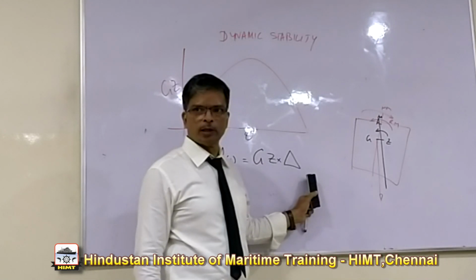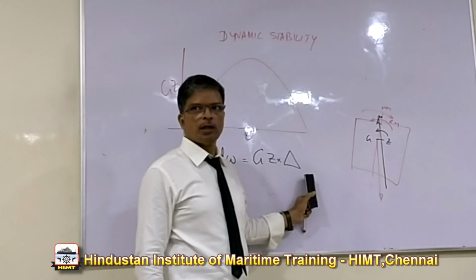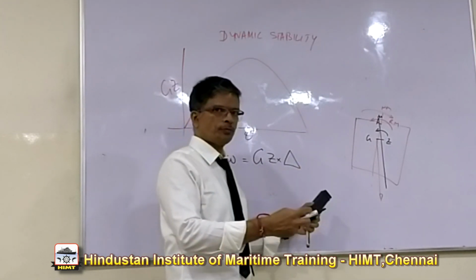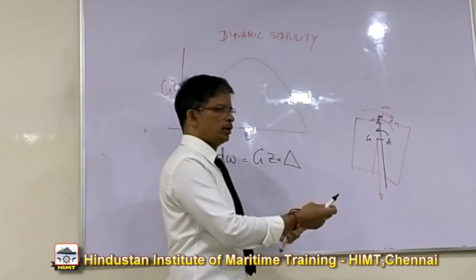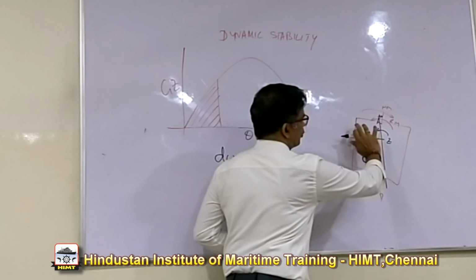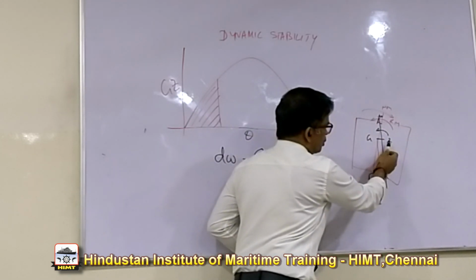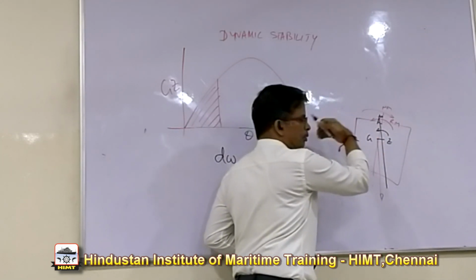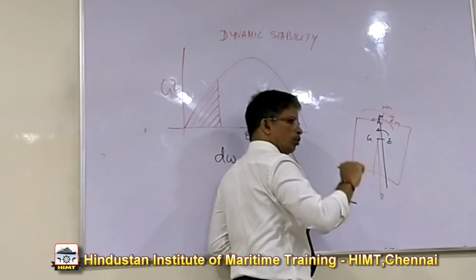So that is the righting moment, d theta. Clear? That is what you have to overcome to make the ship heel. See, the wind is pushing like this, the ship is opposing like this. So the righting moment is the torque you have to overcome.